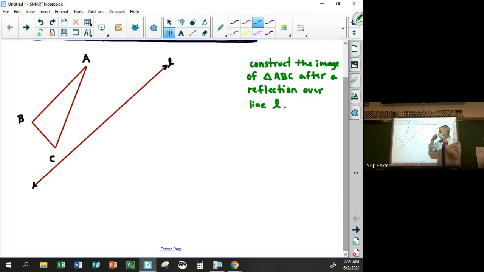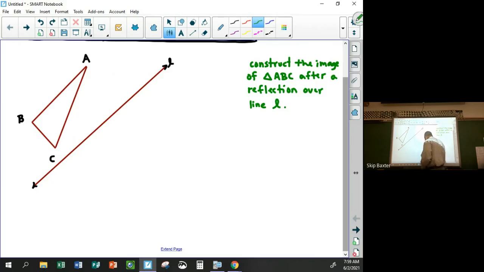Then we do the same thing to get C prime. Theoretically we could do the same for B prime, but there's a way of finding B prime with less work. So I'm going to construct a perpendicular line through A that is perpendicular to L, and make sure the distance from A to L is the same as the distance from A prime to L.